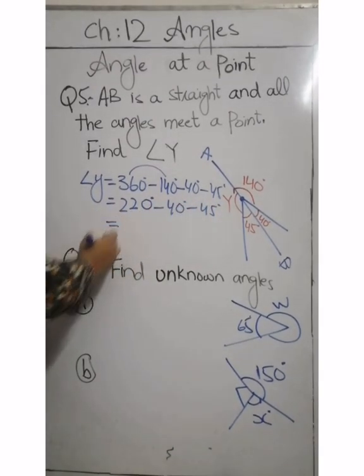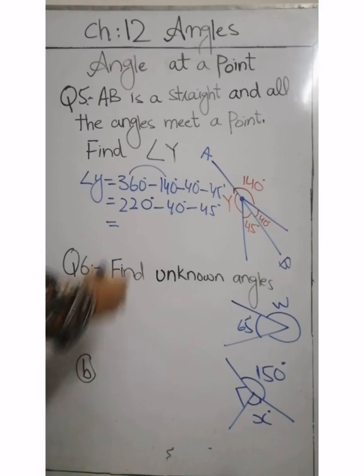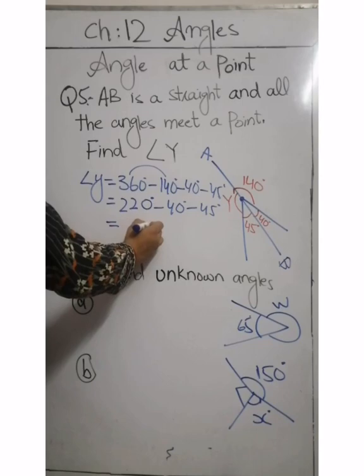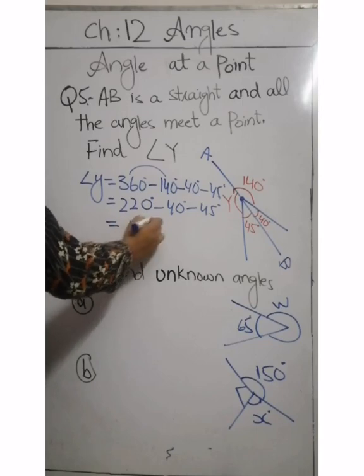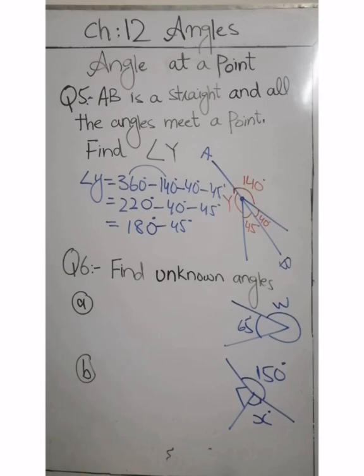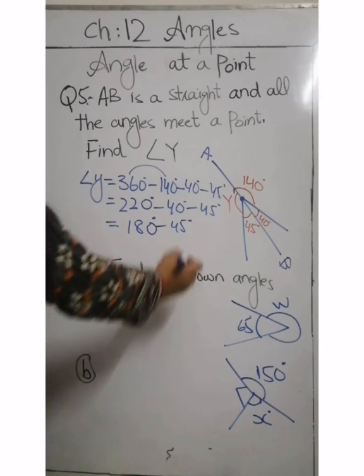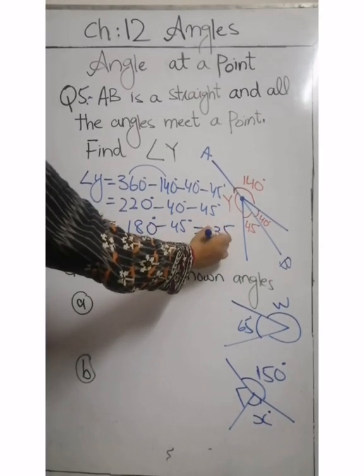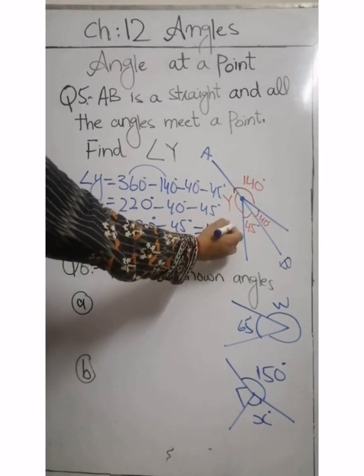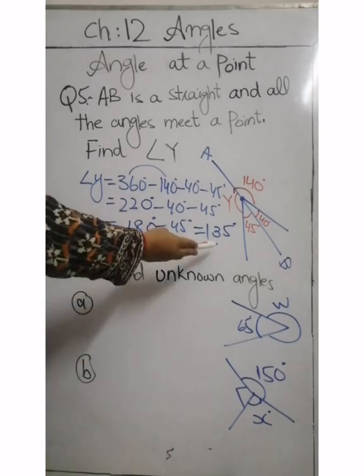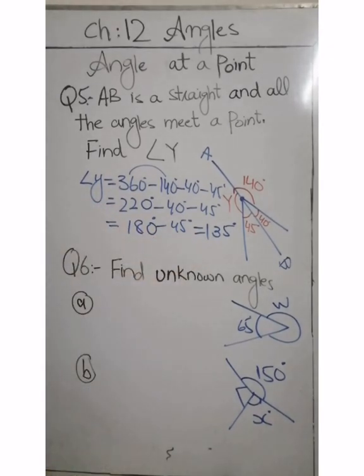After that we subtract 45. 220 degrees minus 40 degrees, we get 180 degrees. 180 degrees minus 45 degrees, we get 135 degrees. So angle y is equal to 135 degrees.